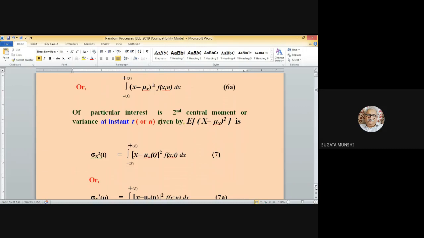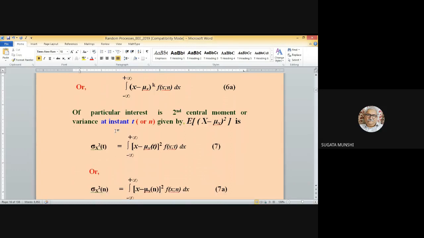So those are the expressions for the variance of the random process. Equation 7 and 7a. Equation 7 for the continuous time random process, equation 7a for the discrete time random process.